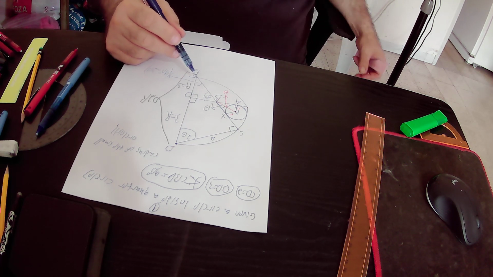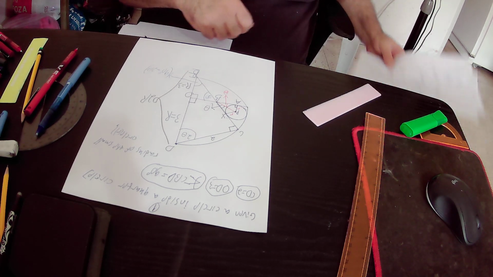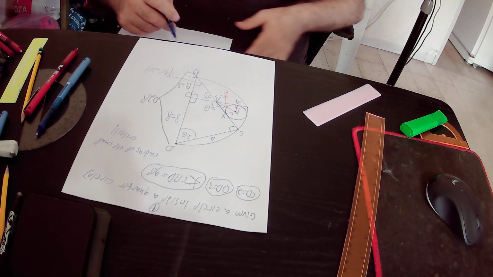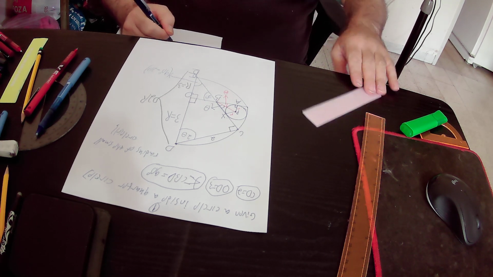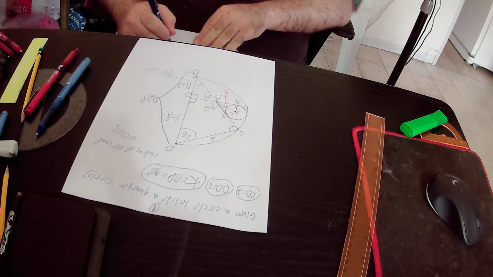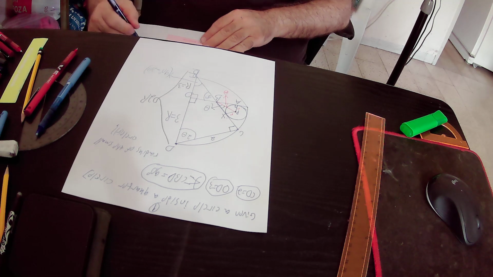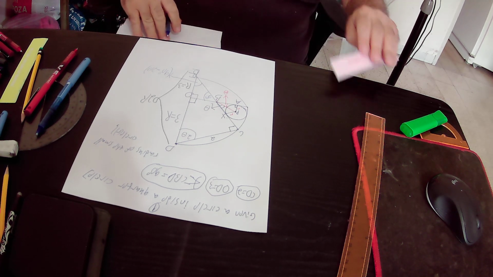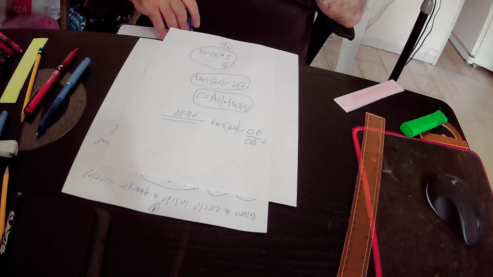On the right triangle EBO, we know that tangent 2 theta equals OE over OB.